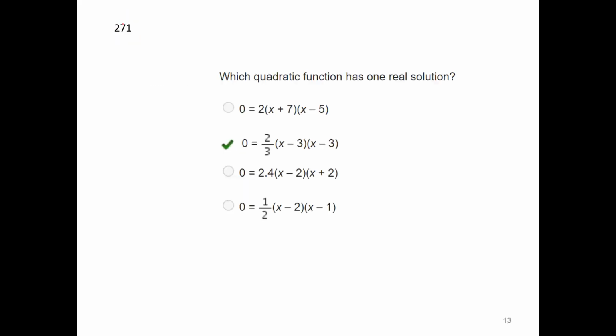All right, 271. Go ahead and highlight the important questions here. All right, which quadratic function? So keyword is quadratic.